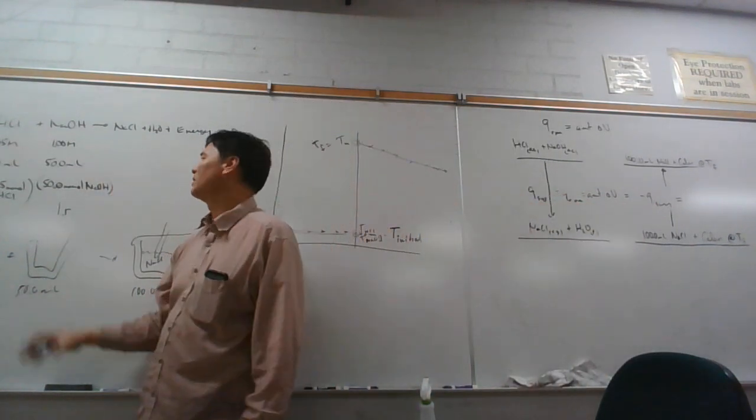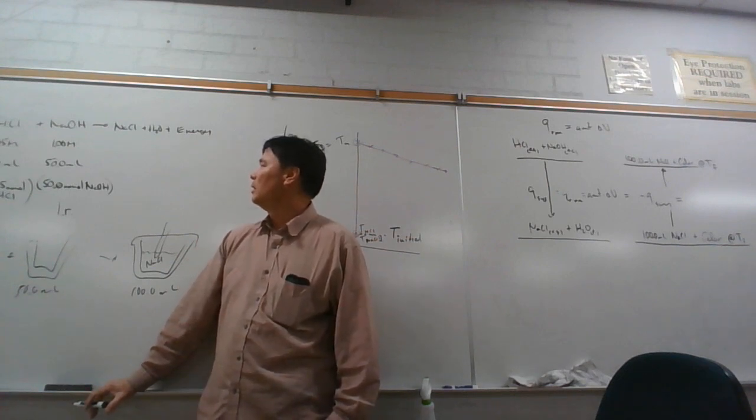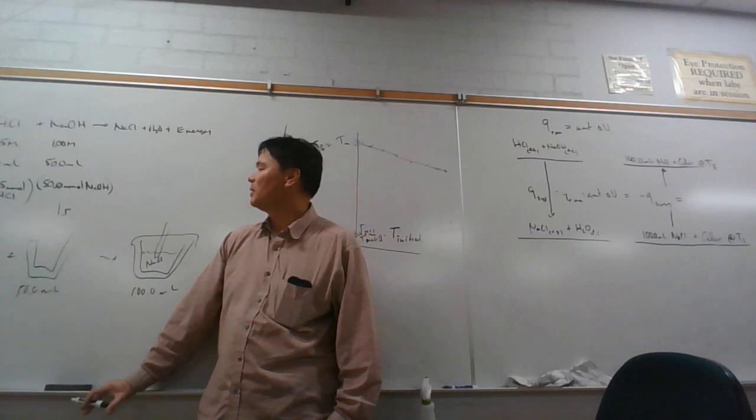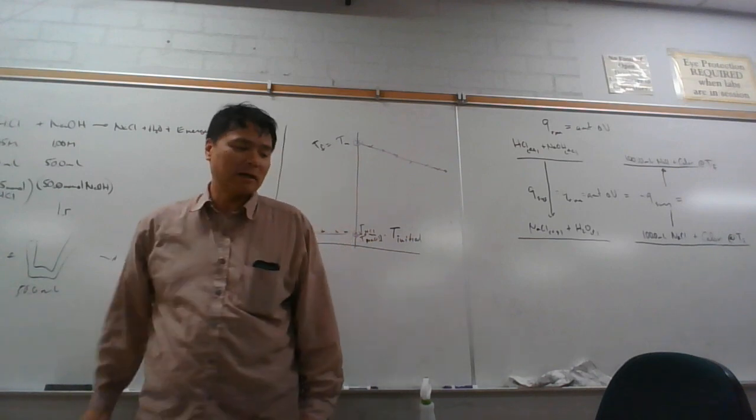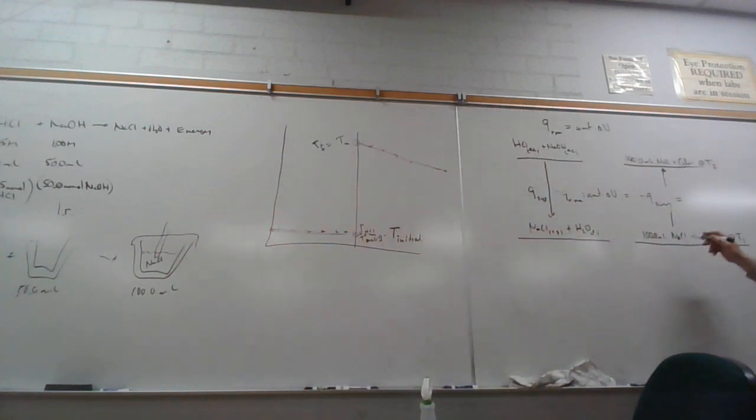Well, 1 molar is starting to get concentrated. It was 0.1 molar. It's going to be off a little bit. But what we're going to do is make a couple of assumptions in doing this. The Q of the surroundings is going to equal minus Q of the sodium chloride aqueous solution plus Q of the calorimeter.